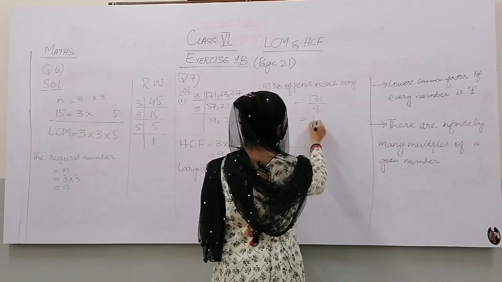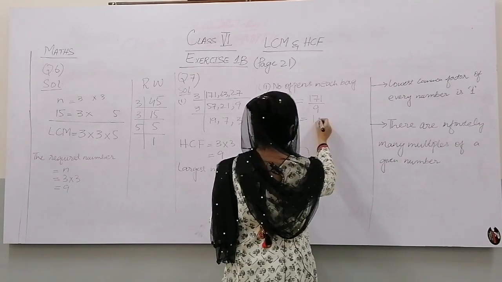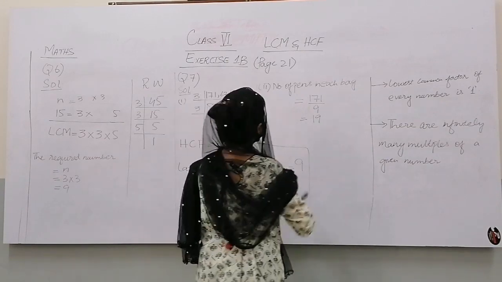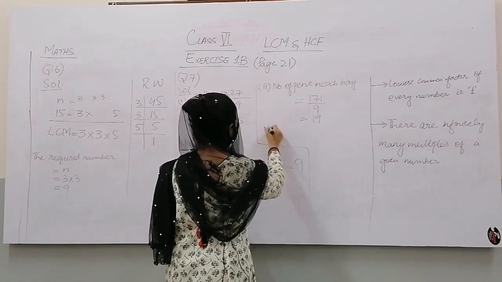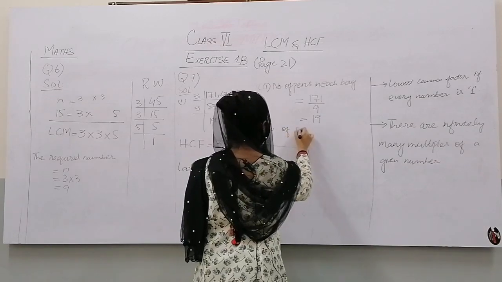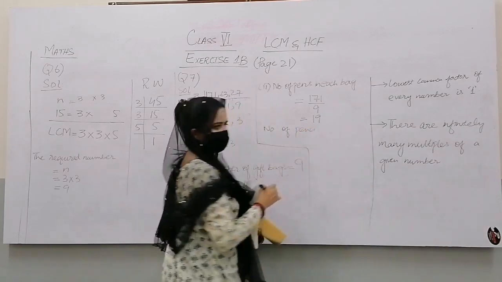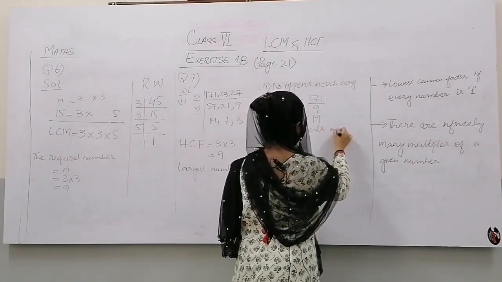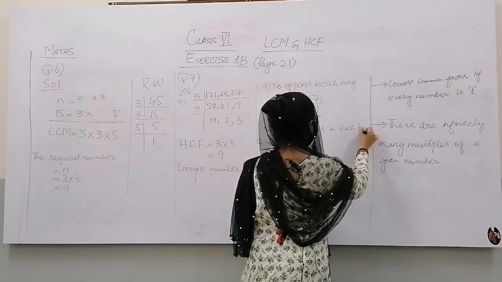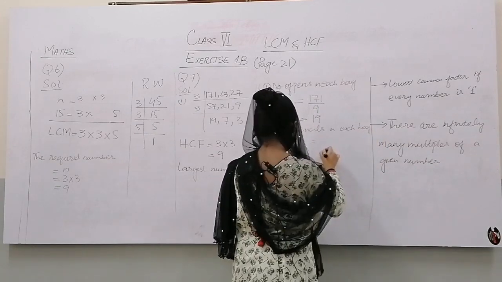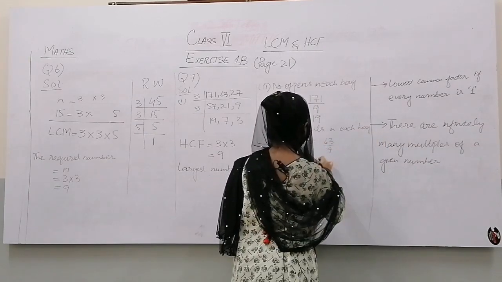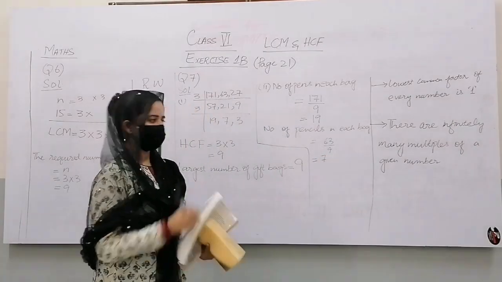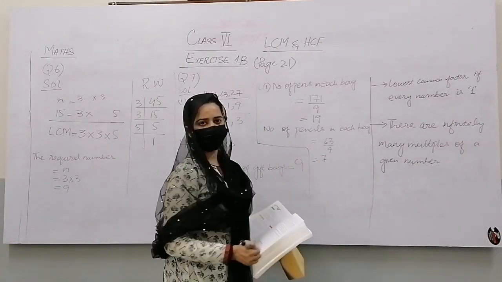And you can check the number of pencils and erasers. The procedure is same, 63 divided by 9. Do the same procedure for erasers as well.